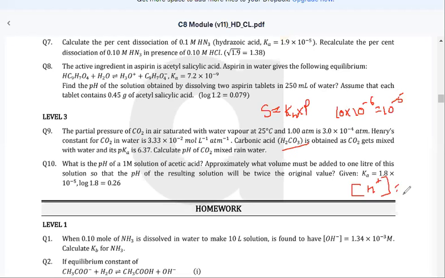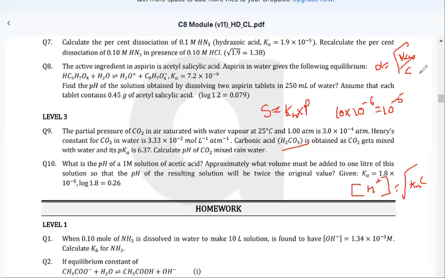Root K into C. Agree? Tell me yes or no. But again, before using this, you have to find alpha. Alpha is equal to root K by C.